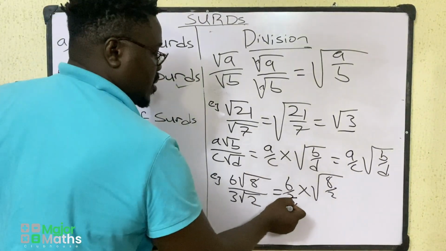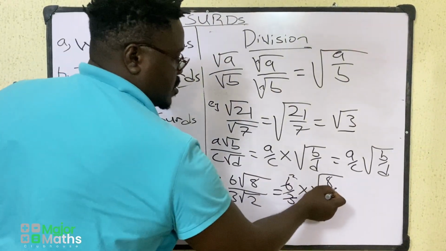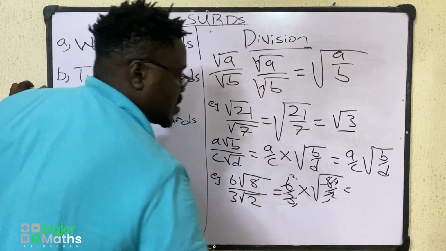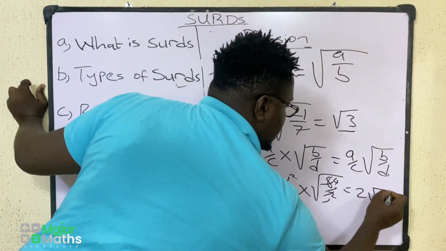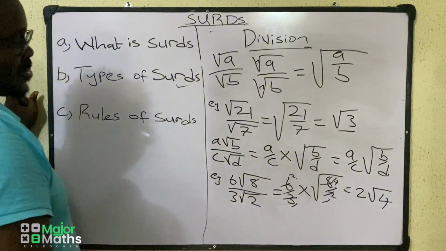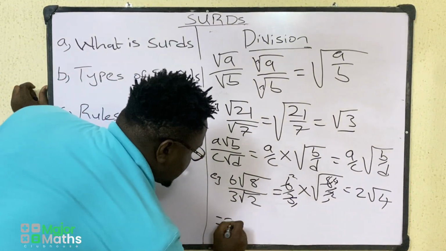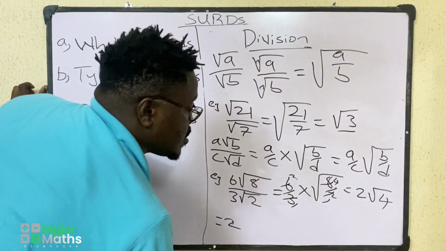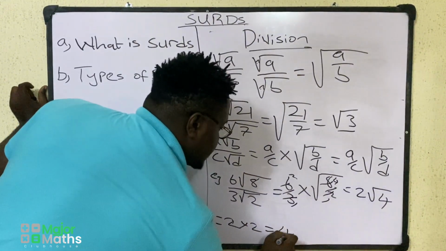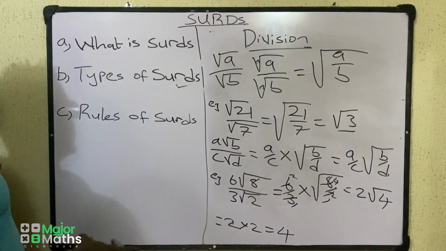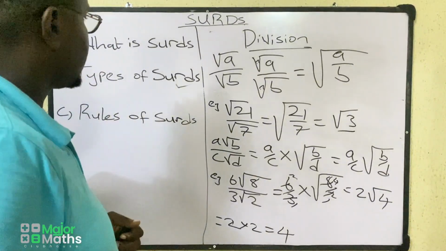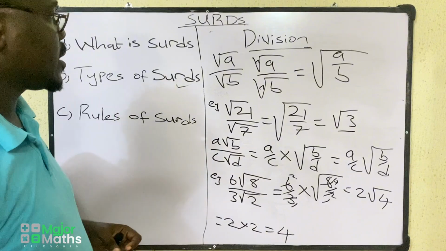So 3 going into 3 once, 3 going into 6 twice, 2 going into 2 once, 2 going into 8 four times, which gives you 2 root 4. Of course, 4 is a perfect square, so 2 root 4 is 2 times 2, which equals 4. But of course, we're going to be giving more examples with time in our subsequent sections.